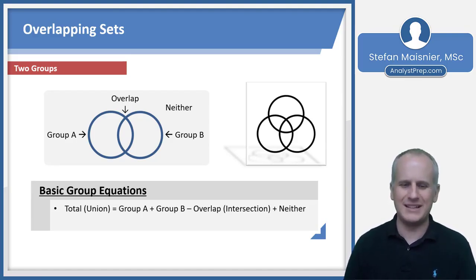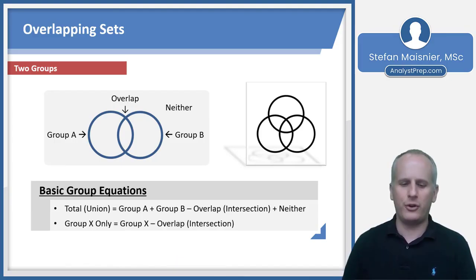Because if Bill is in group A and also in group B, I count Bill twice, which is why I have to subtract out the overlap. I want to count each person only once in the total union of the two groups.